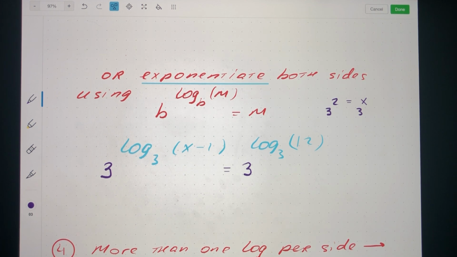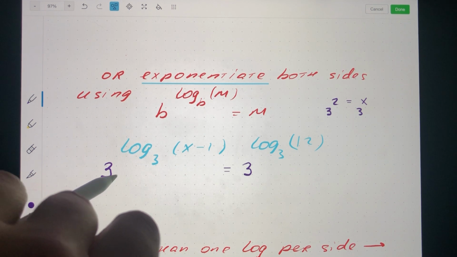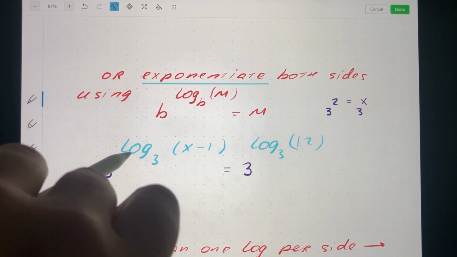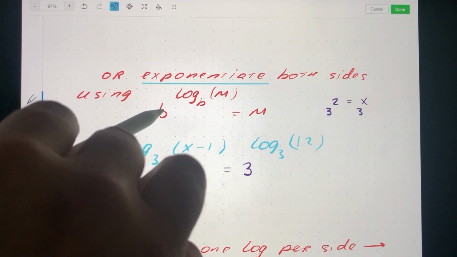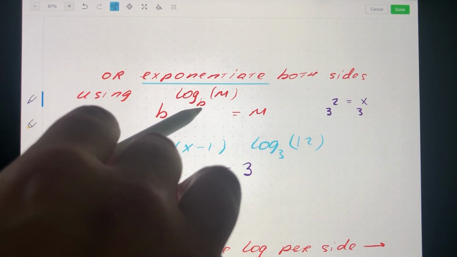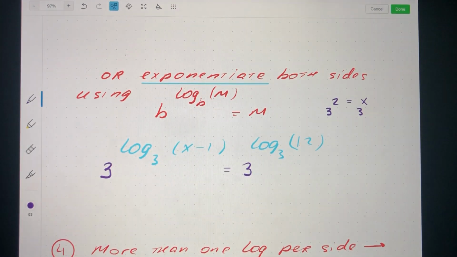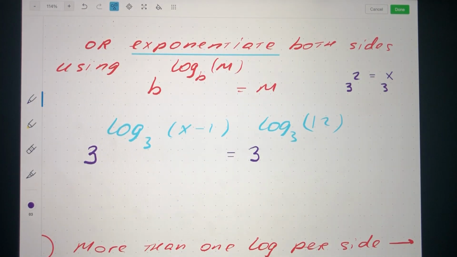But now, because we have the same base and we are raising 3 to the log of base 3, when the bases are the same, they cancel each other off and just give us what's inside the parentheses, and that simply takes us back to the same step we had before when we dropped the logs.